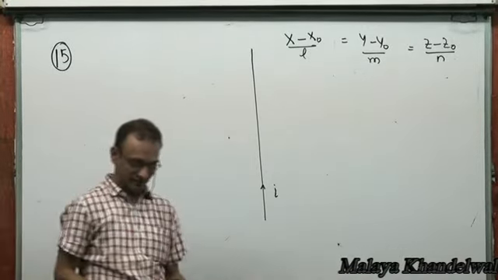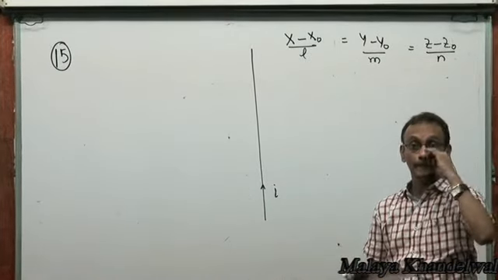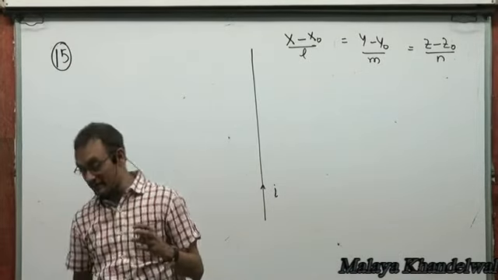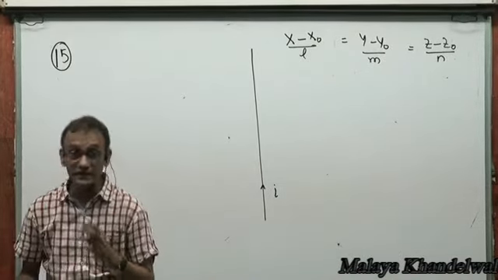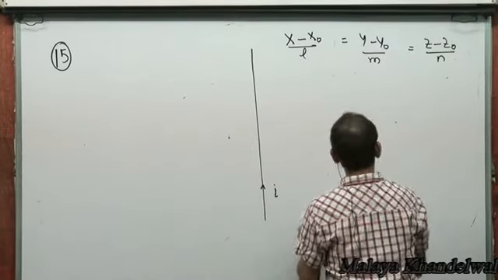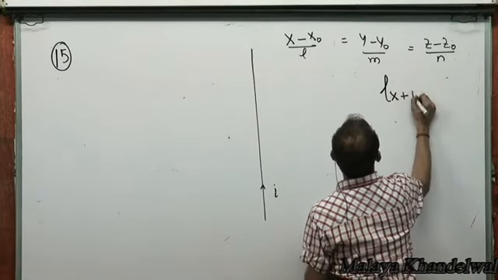Okay. Now, there is a circular loop of radius r centered at x1, y1, z1, and that circular loop lies in this plane.